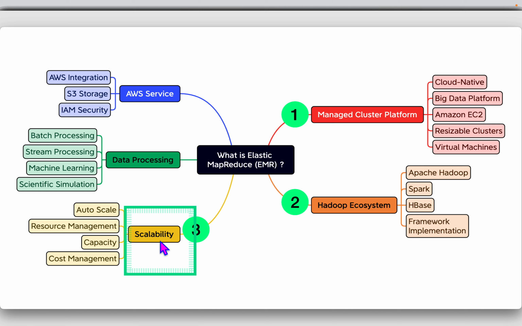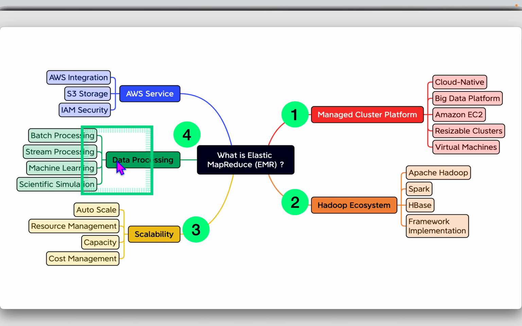Scalability. One of the key features of EMR is its ability to automatically scale resources as needed. This ensures that the cluster has enough capacity for the task it is performing while keeping cost in check. Data processing. It's commonly used for data processing tasks like batch processing, stream processing, machine learning, and even scientific simulation.